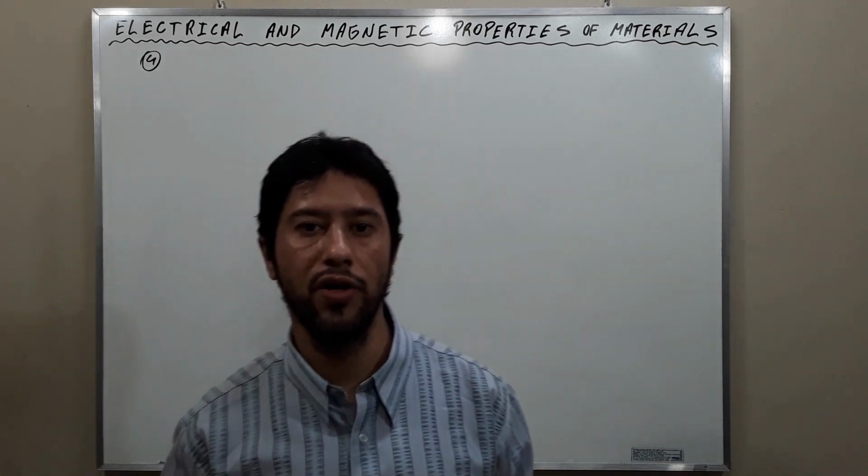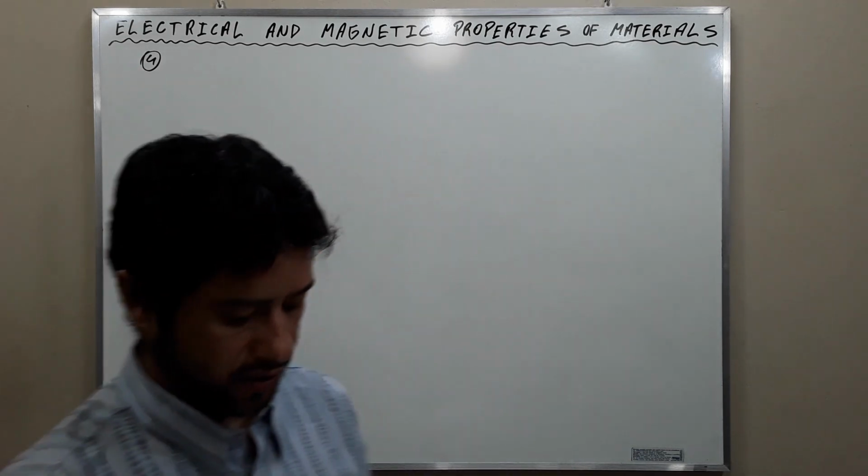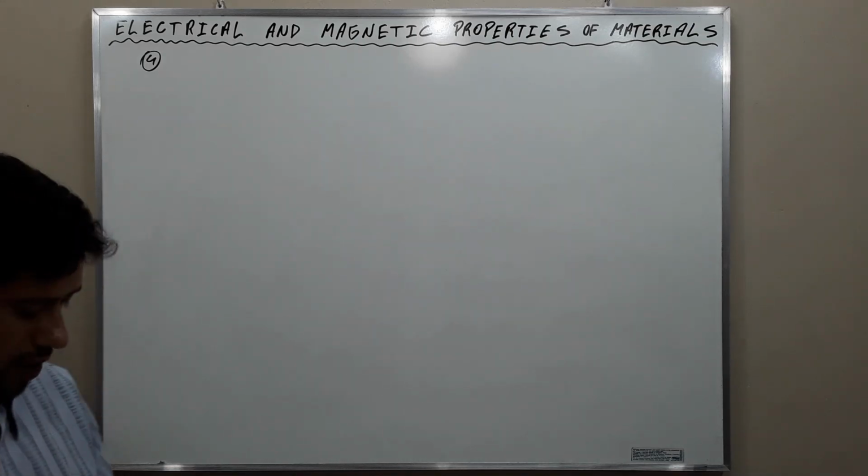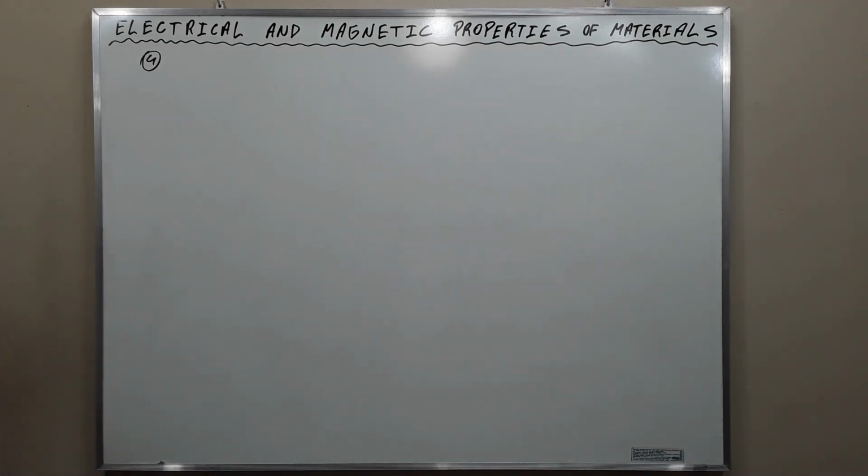Magnetization saturation in iron. Exercise 4. Calculate the theoretical magnetization limit for iron. Compare this value with the 2.1 Tesla observed experimentally. Okay, my friends, this is the exercise. Let's go to the solution.